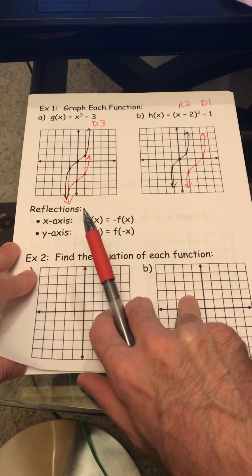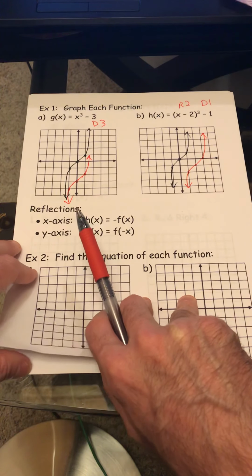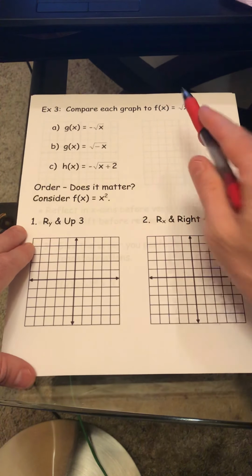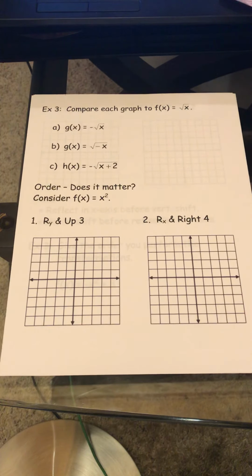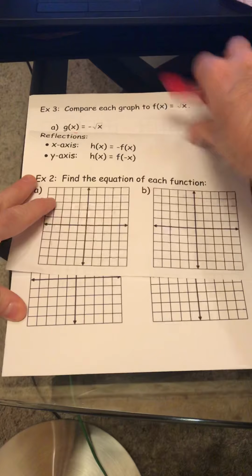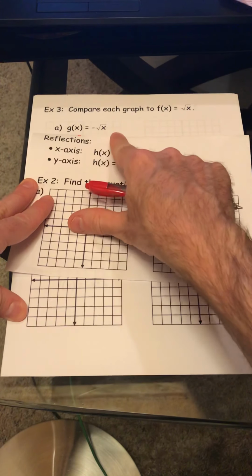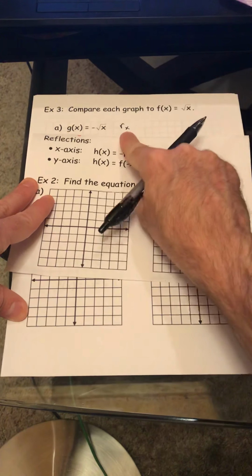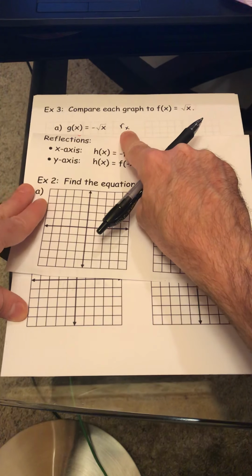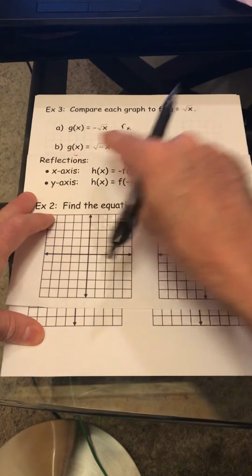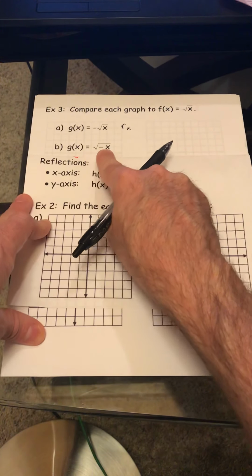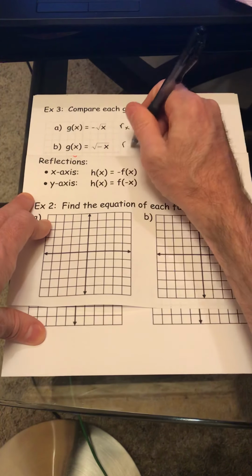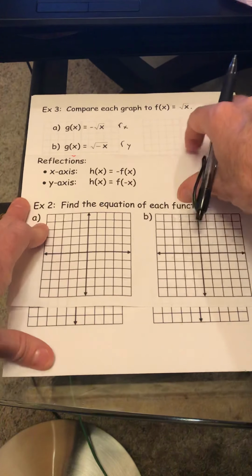These graphs here, I'm not exactly sure what these are going to be for, but if we skip over here and look at the difference on the reflections, g of x equals the opposite of the square root of x. Well, this is going to be the x-axis reflection. I use r sub x, x-axis reflection there. If you have g of x equals the square root of the opposite of x, that's an example where the negative is within the function, so that is a y-axis reflection.